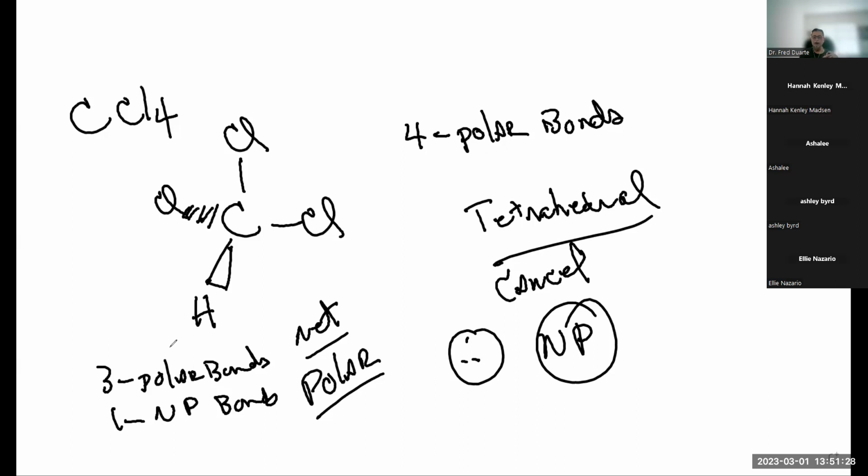So we end up with a polar species just by replacing one of those polar bonds. And I could have easily replaced that hydrogen with something else other than chlorine, maybe bromine or even fluorine, meaning that, yes, I have four polar bonds, but the magnitude of one polar bond is much greater, so the net result overall makes it a polar species.